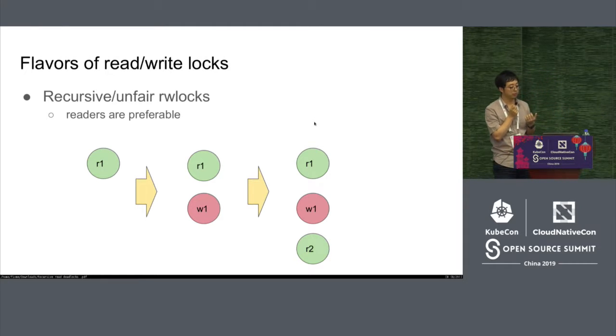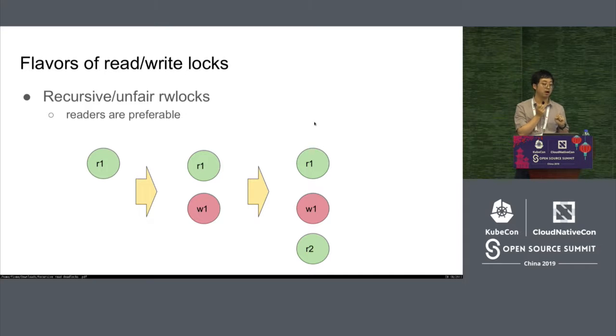Well, first let's focus on Lockdep. So two rwlocks: one is a recursive rwlock, the other an unfair rwlock, and the yellow arrow is where time progresses. W1, writer 1 in red, means they won't get the lock.